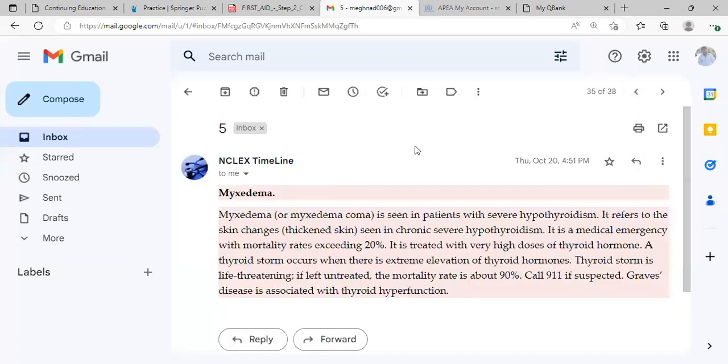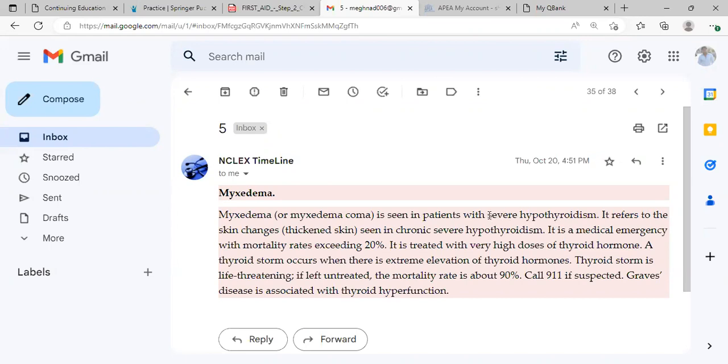Next, a condition for endocrine disorder is called myxedema. So myxedema or myxedema coma is seen in the patient with a severe hypothyroidism.